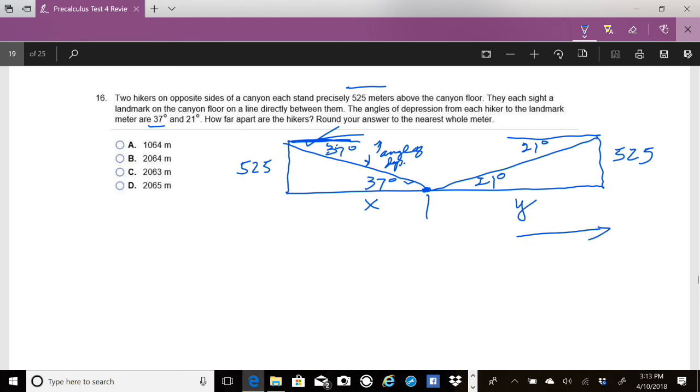Well, the distance is x plus y, where x and y are the legs of these right triangles.